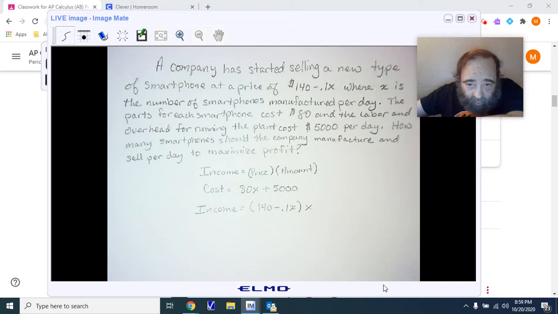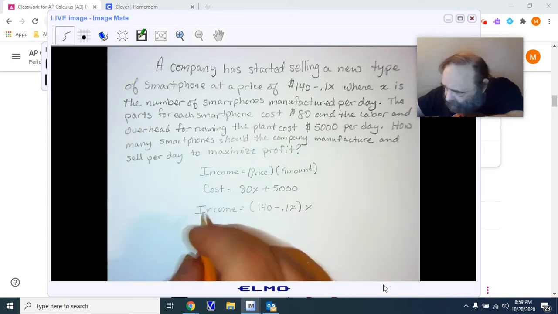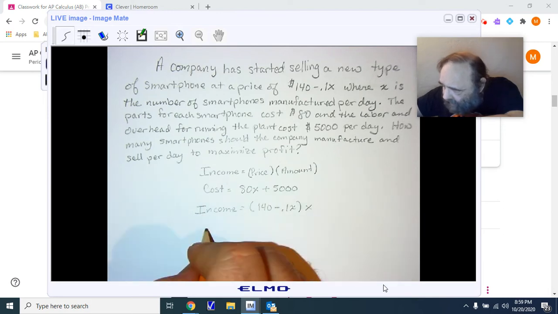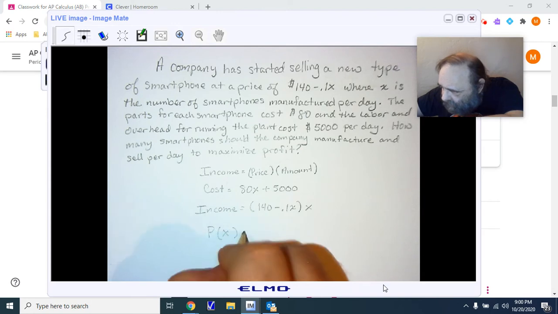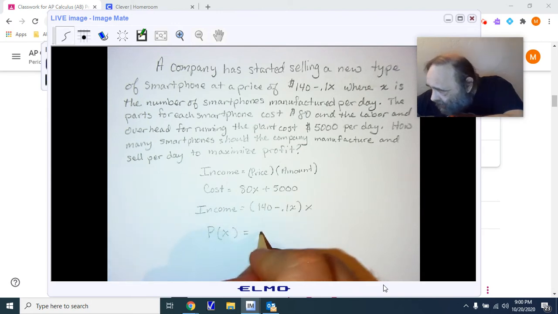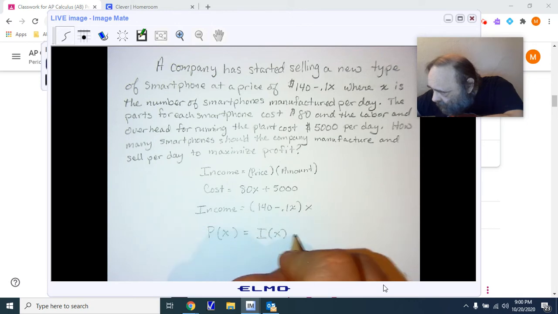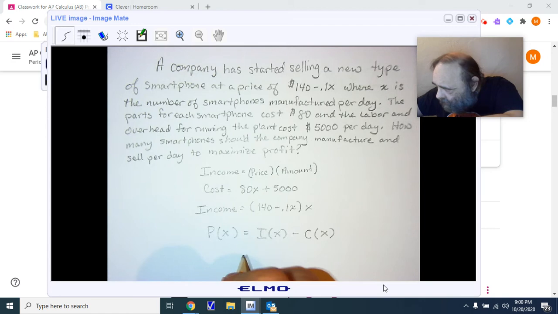Now, we're trying to figure out our maximum profit. So our maximum profit, P of x, is made by our income in terms of x minus our cost in terms of x. And we have both of these formulas.